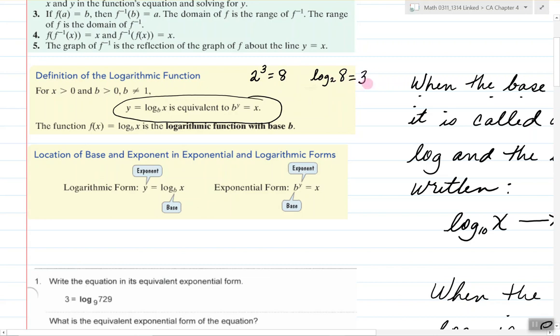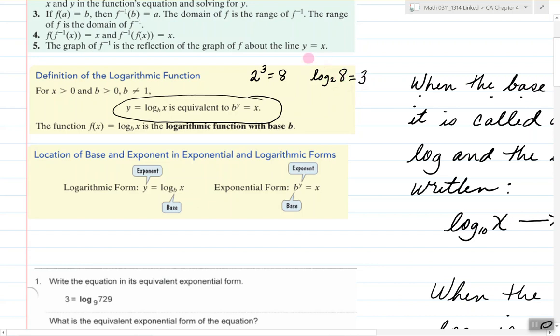This might seem very odd, but this statement is equivalent to this statement. This says logarithm base 2 of 8 is equal to 3. I typically think of this as 2 raised to what power is equal to 8? The answer is 3. It's equal to the exponent. Log base 2 of 8 is equal to the exponent. You have to raise 2 to get 8.